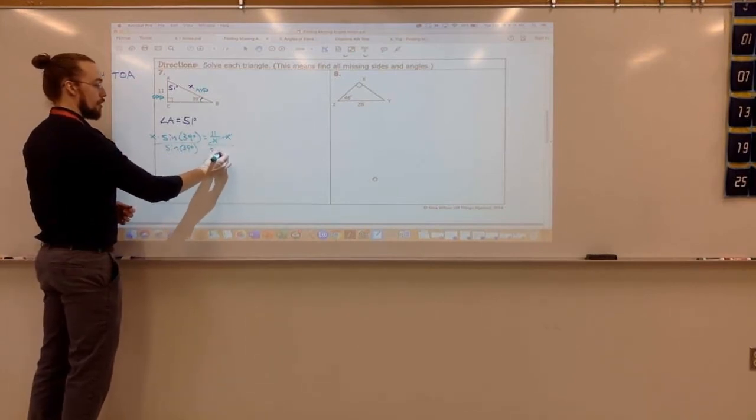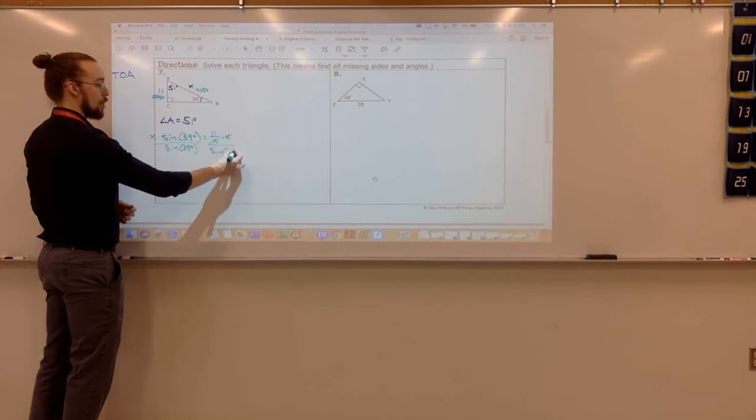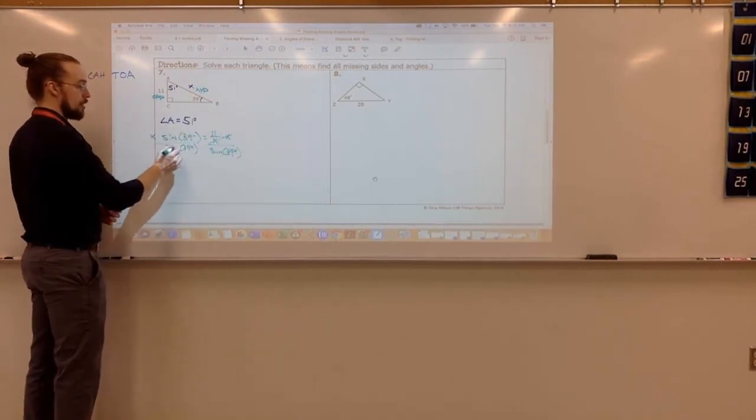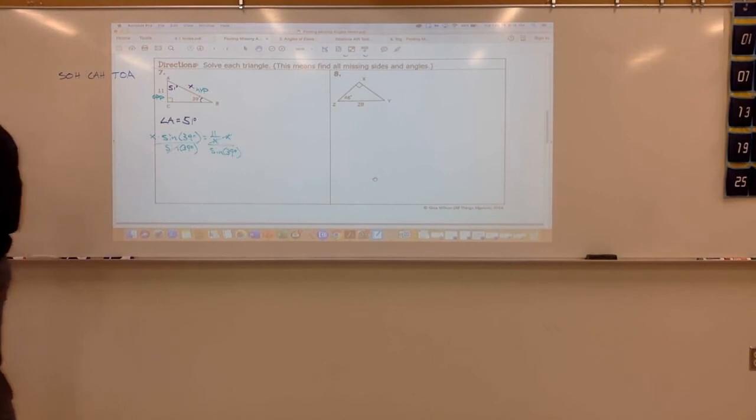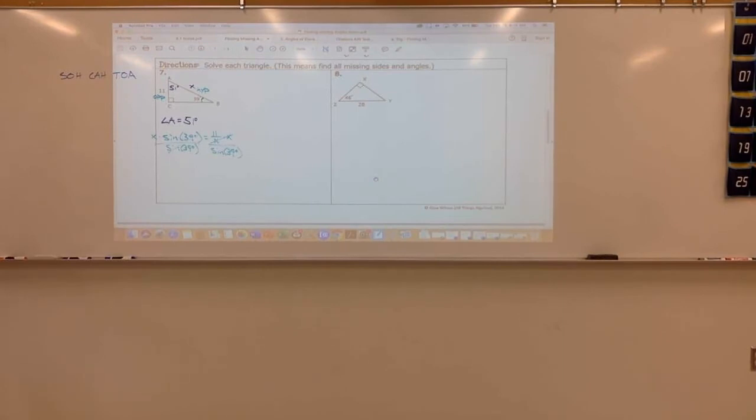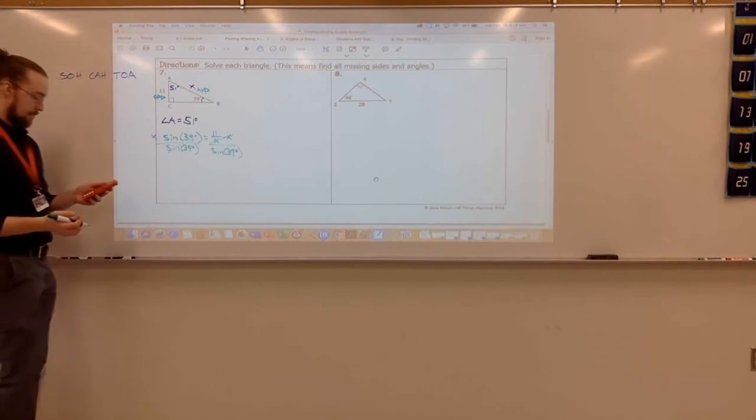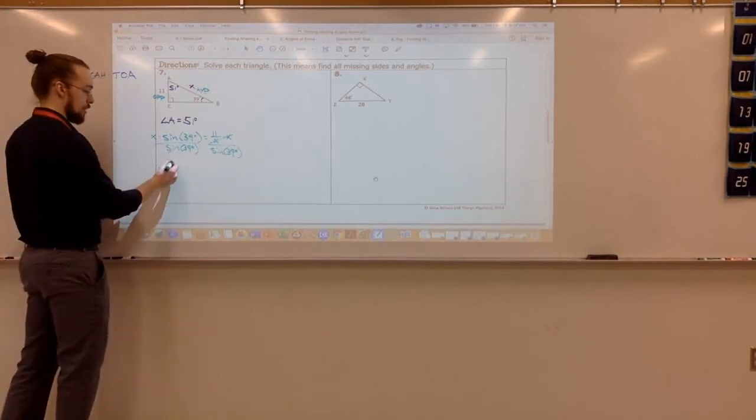So we end up with x equals 11 over the sine of 39. And that gives 17.5 if we round to the nearest tenth.